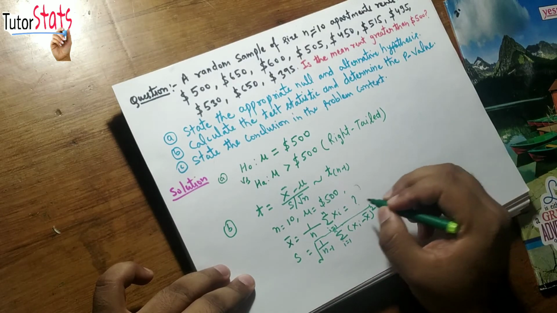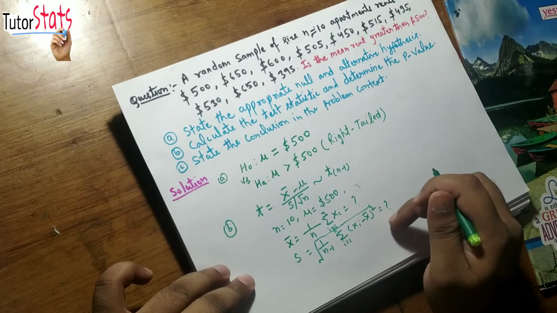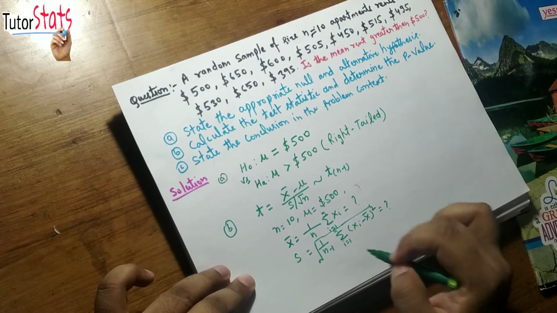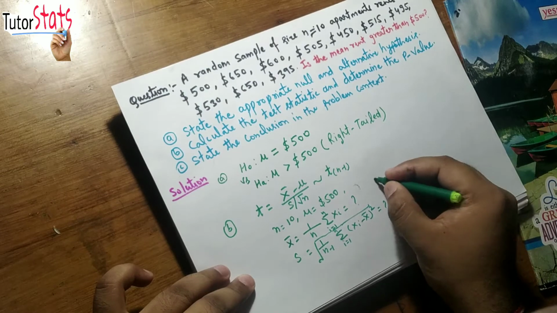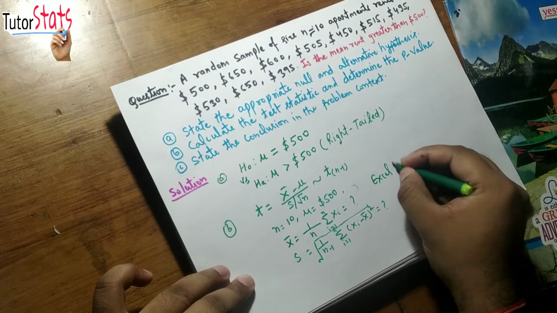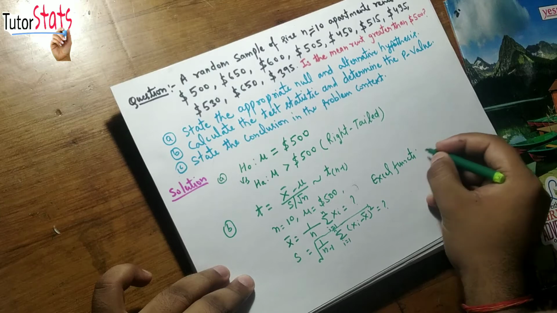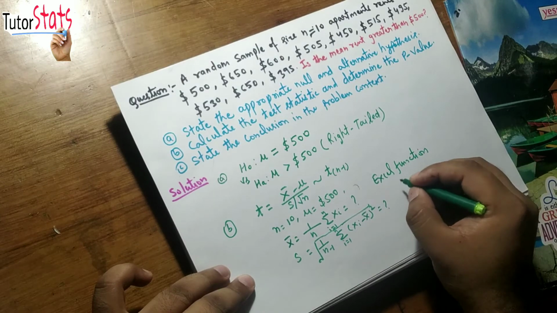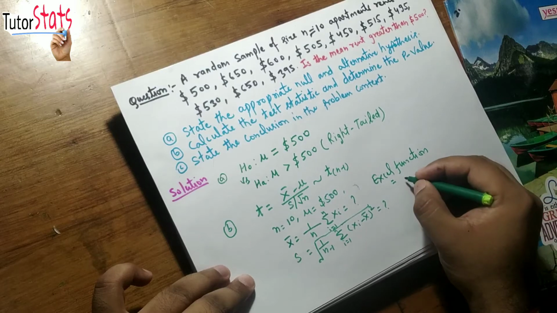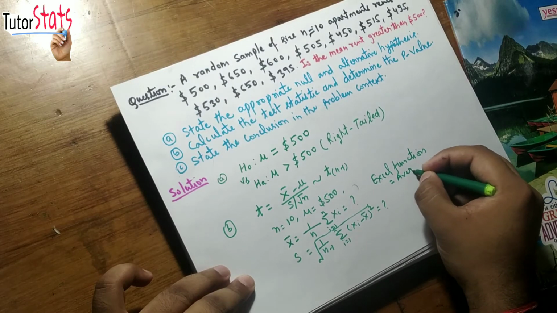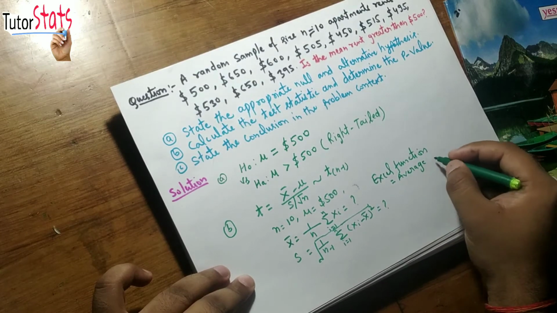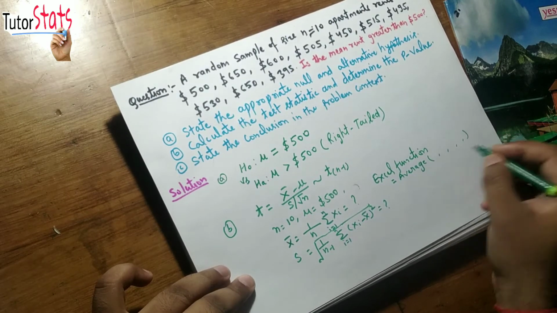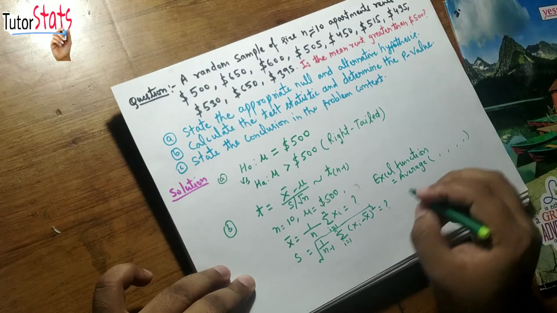I have already calculated the sample mean and sample standard deviation by using the Excel function. The Excel function for sample mean is equal to average, and all the samples will come in the parenthesis.